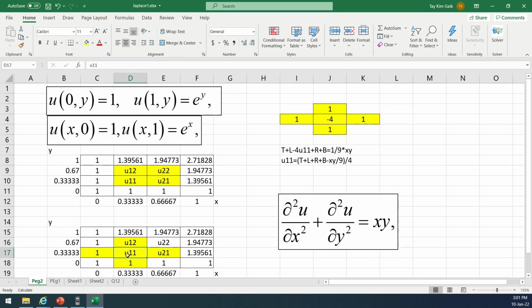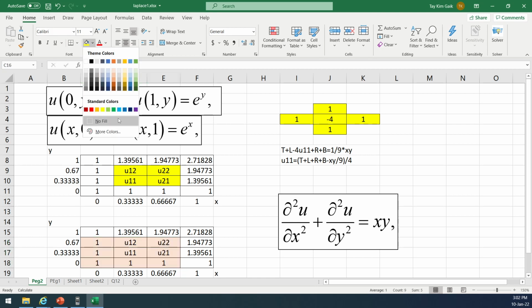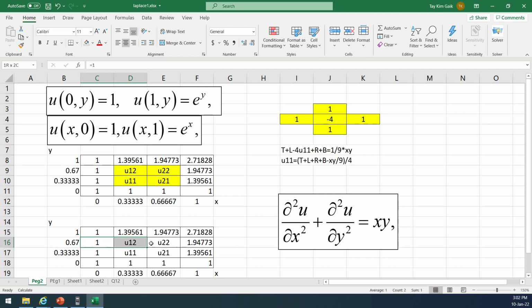Then you can key in the cell u11, or at u12, it doesn't matter, because top, left, right, bottom are general. Let's say I key in at u12.